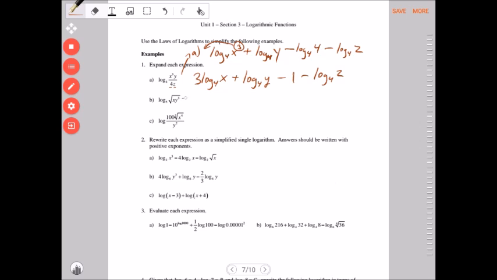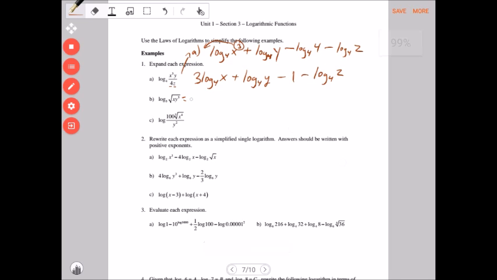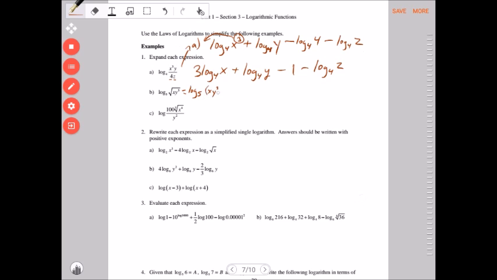Now B has that square root I was telling you about. When you have something like this, we need to distribute that square root to all the pieces it belongs to. So before we even start the laws of logs, we're going to use the exponent laws and figure this out. So this is going to be log base 5 of xy cubed, and then square root is just a to the 1/2.